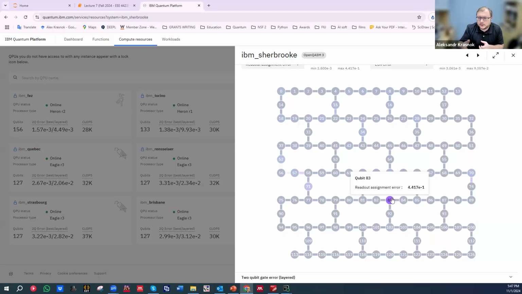For any particular computer, the transpile operation changes the circuit in order to be run most effectively on that particular computer.